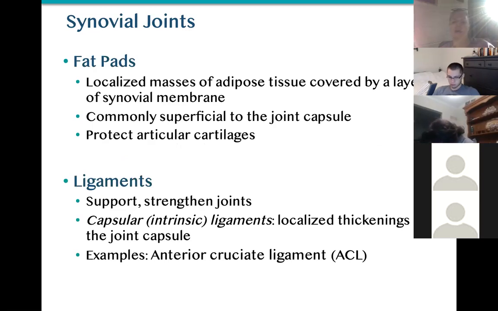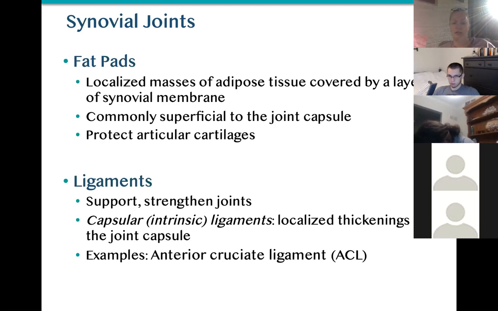And then of course, our ligaments, our capsular or intrinsic ligaments, you can have some of those, but more often we see the ligaments, like I said, that are external that will bind around and keep our joint a little bit more firmly bound to each other. It will reduce the mobility somewhat, but it keeps the joint more stable.